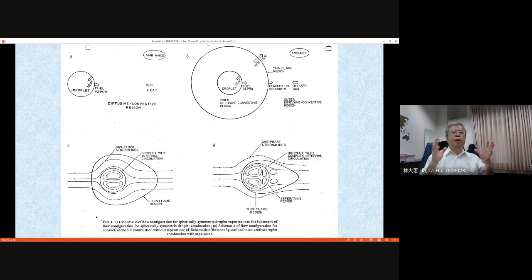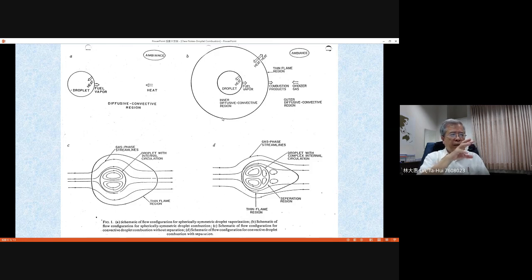That means we eliminate all the influence, especially from gravity and the flow, and you will have a perfect spherical droplet surrounded by a spherical diffusion flame. Based on these structures, as described in figure A and figure B, we can have the D-square law theory.